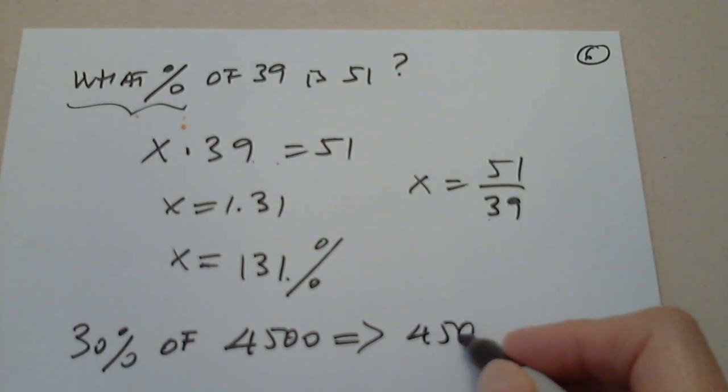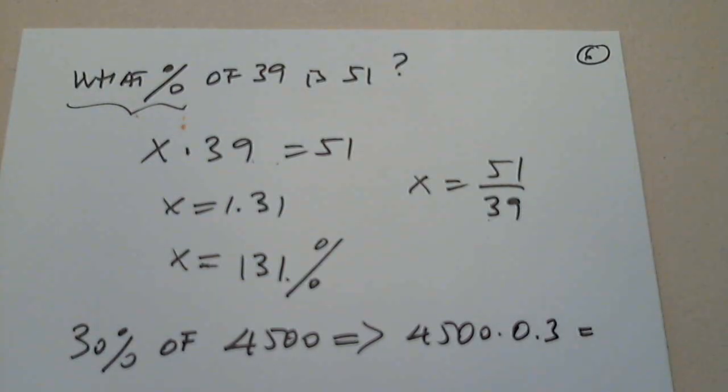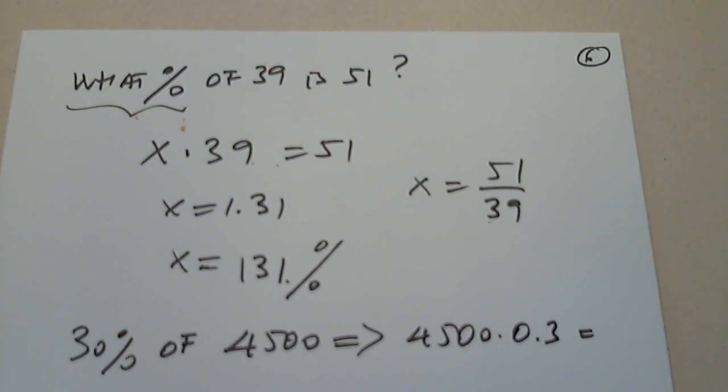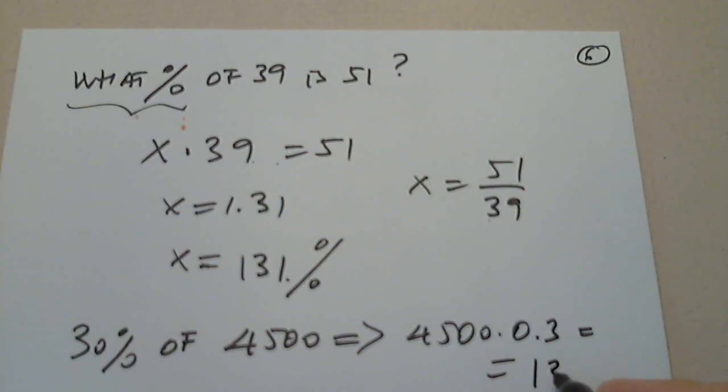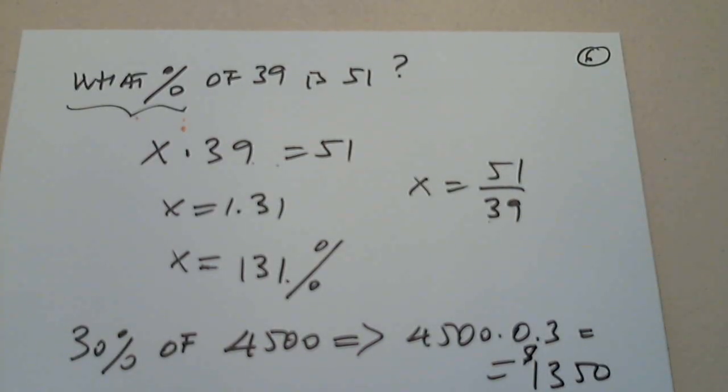Yes, excellent. Or you multiply by 30 over 100, which is the same thing. So we have 4,500 multiplied by 0.3. 30% of this will go to rent. So that is 1,350. Good. Perfect.